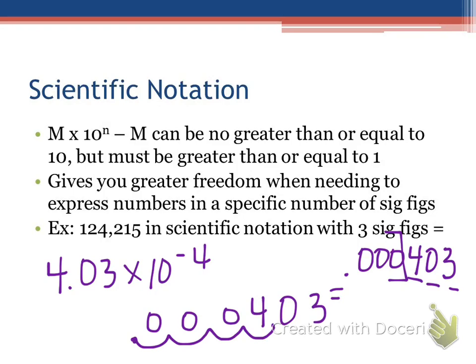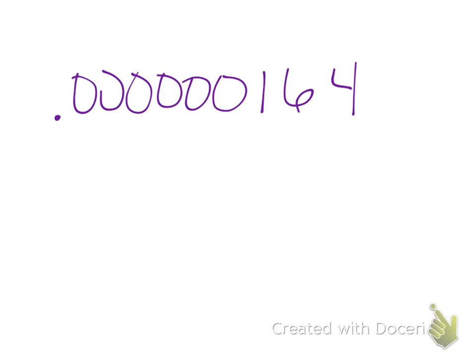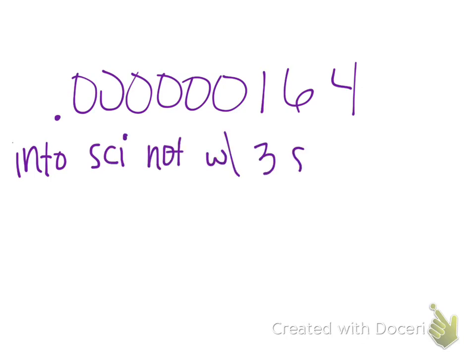Okay. Let's put this number into scientific notation with 3 sig figs. If I need my number to be between 1 and 10, where does the new decimal place need to go?